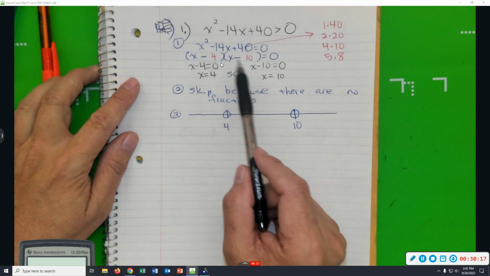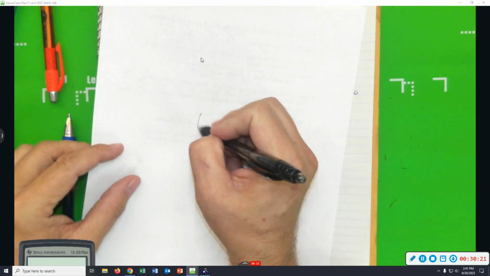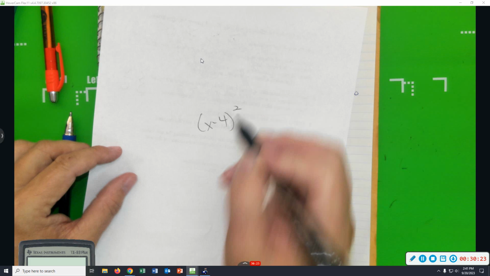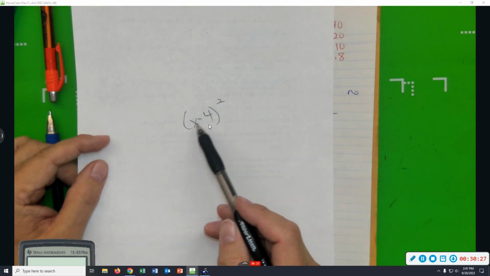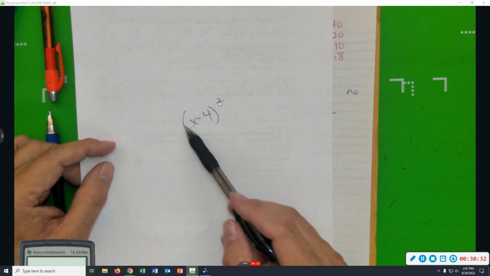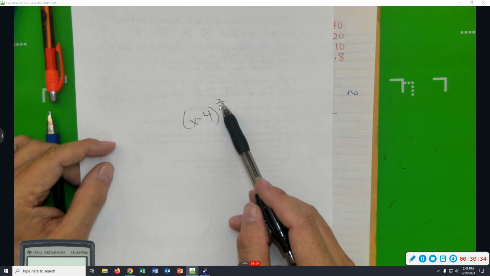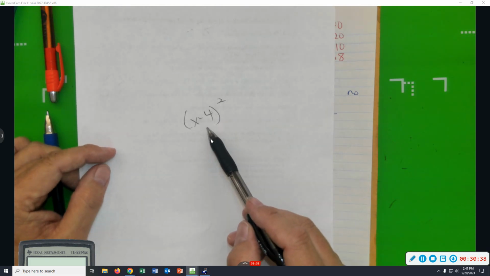If that had been x minus 4 and x minus 4, we could have written it as x minus 4 squared. If you have repeated factors, no matter what you plug in there, you're not going to get a negative result, because whether it's positive or negative, when you square it, it stays positive. It's those repeated factors that cause a problem.